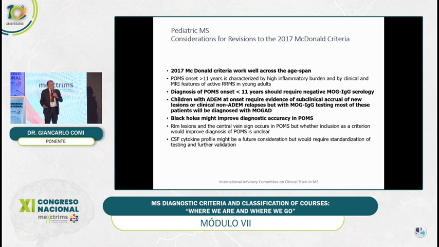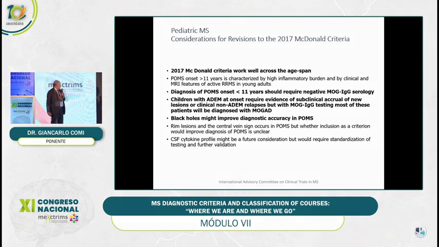Some considerations I particularly like because they are almost new compared to 2017. These MOGAD and MS diseases have been diagnosed in MOGAD patients, but these black holes may also improve the accuracy of the diagnosis of MS, and the presentation of the spine and bone marrow, as you can see in the reports, even with this presentation MOGAD is seen.